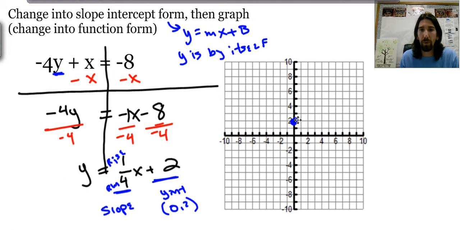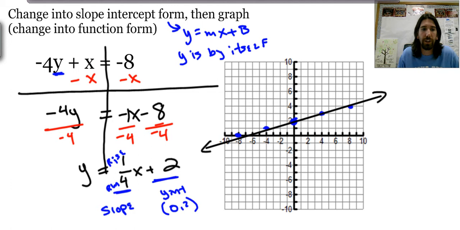So I go up 1, forward 4, up 1, forward 4. I can go downwards, backwards 4, down 1, backwards 4, and then I can draw a nice straight line through those guys, and then make sure you fill the graph and you use arrows.